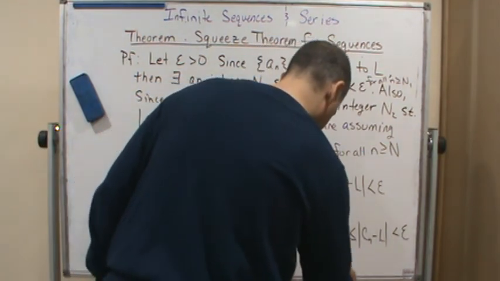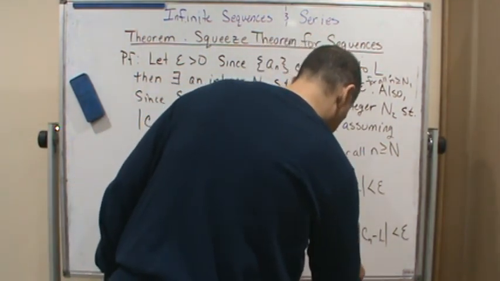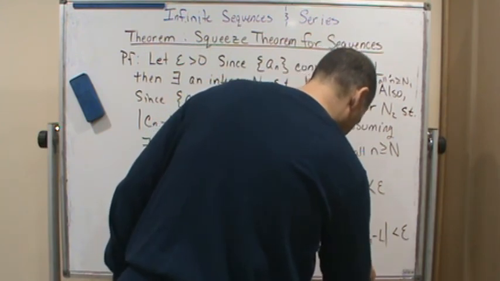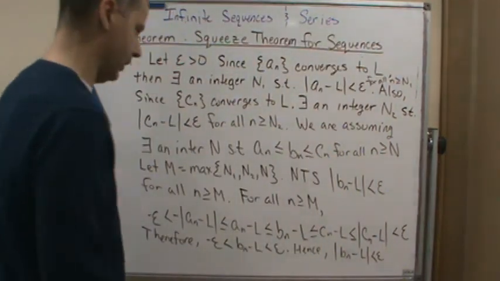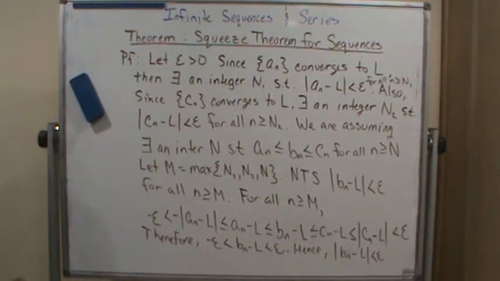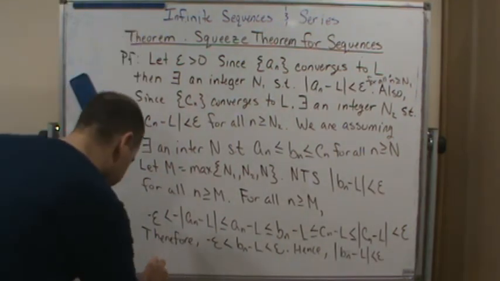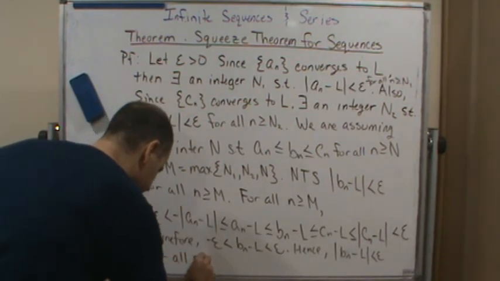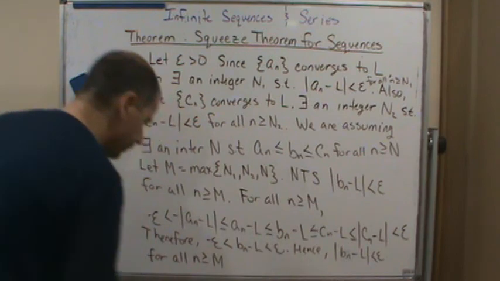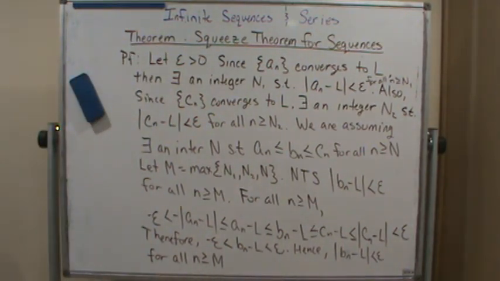Hence, the absolute value of b sub n minus L is also less than epsilon for all n greater than or equal to m.